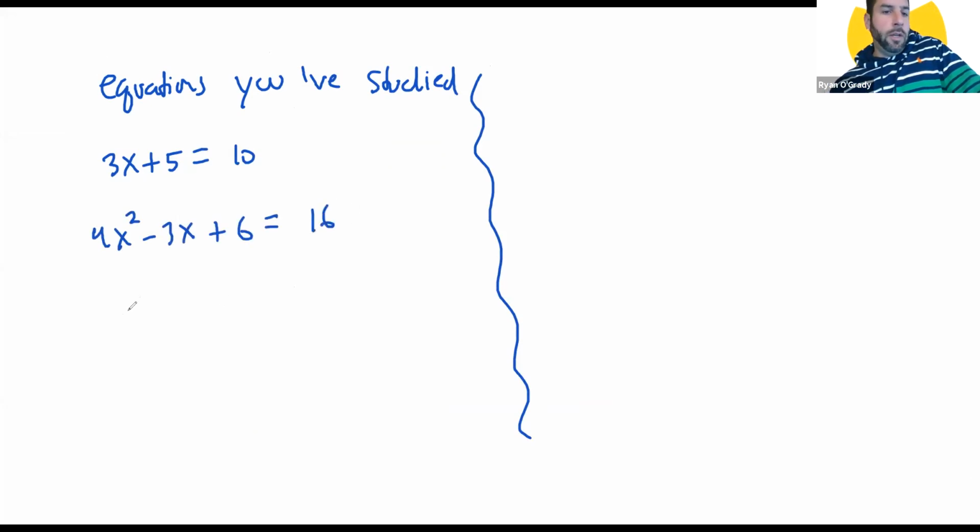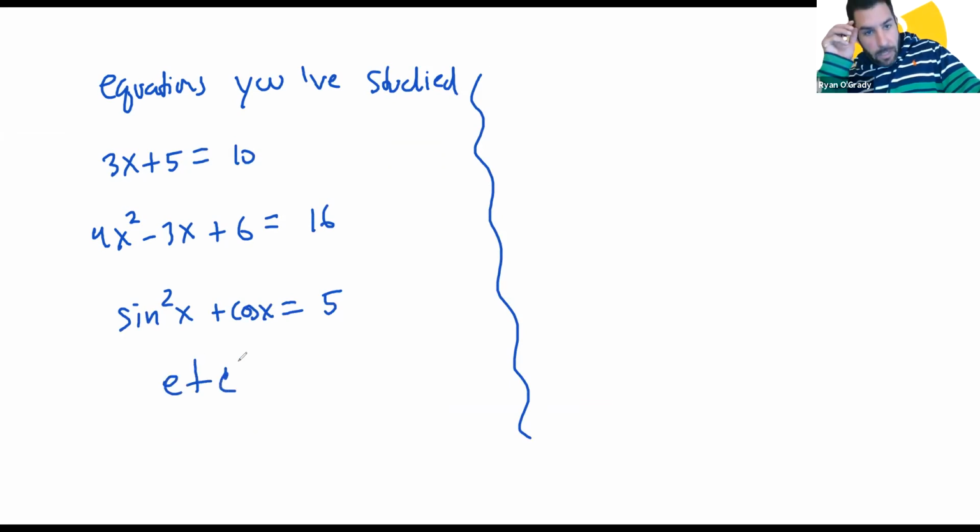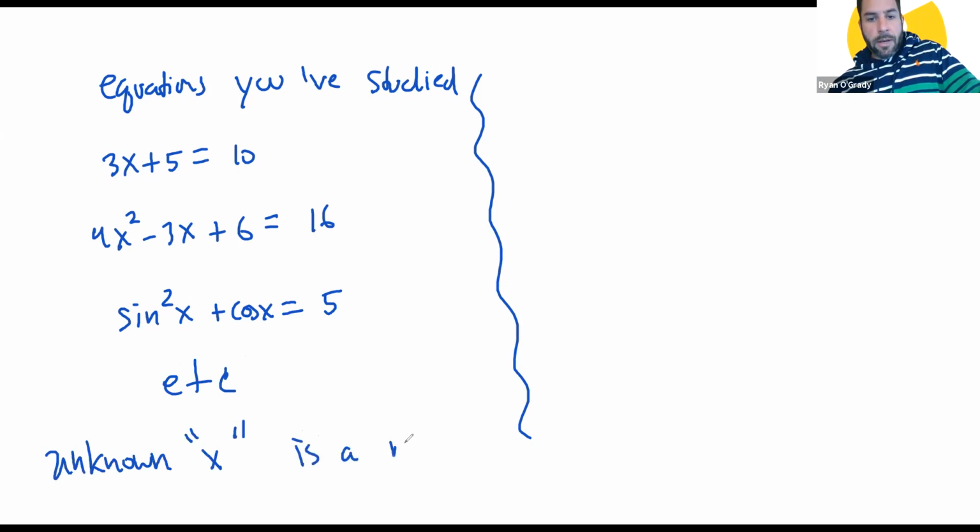These are the equations that you've likely studied before. And the point with these is the unknown x is a number or numbers.